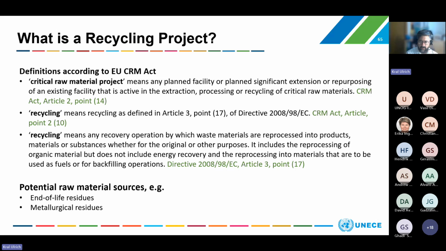So no matter where you are in the value chain, if there is a residue in the primary production phase, in the manufacturing phase, or in the end of life phase, all these streams are potential feedstocks. At each point of the value chain, you can define your recycling project or develop a recycling project and send it to the European Commission for the recognition as a strategic project.